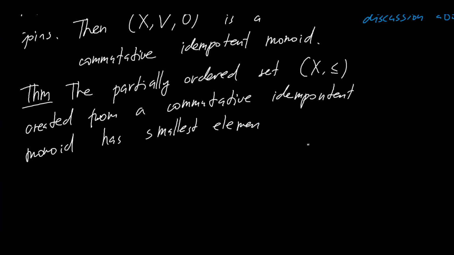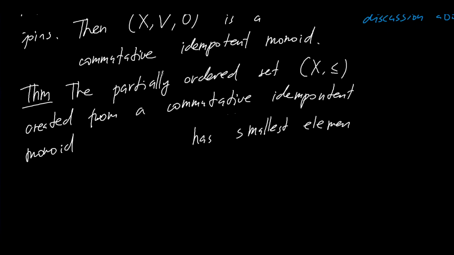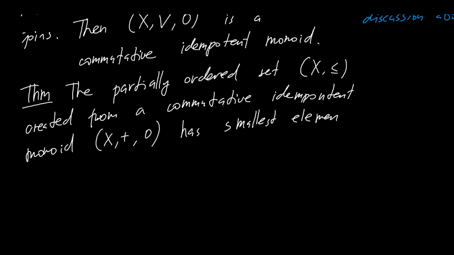And let's give a name to its notation to this commutative idempotent monoid. So I'm going to use slightly different notation now deliberately to make our symbolism match a bit more. I'm going to denote this with a plus and a 0 for the identity element. So it has the smallest element given by 0, in fact.